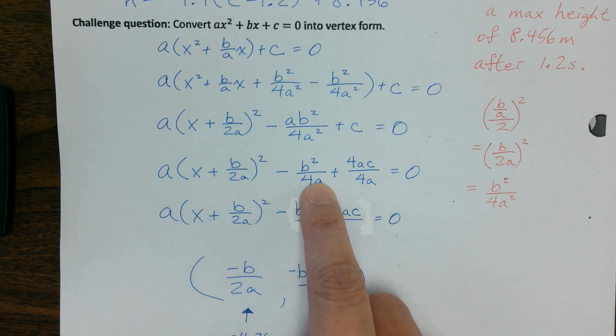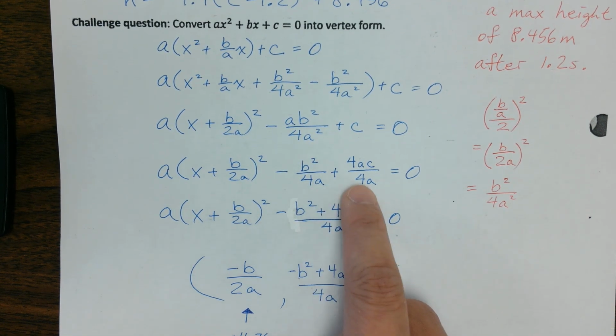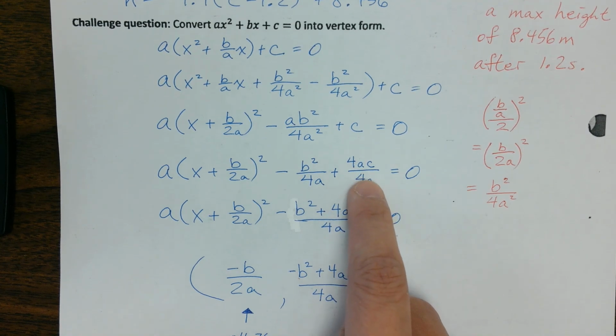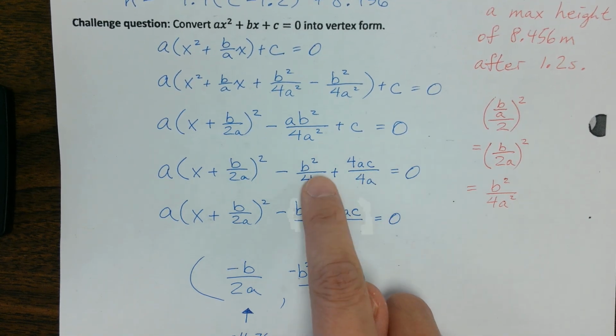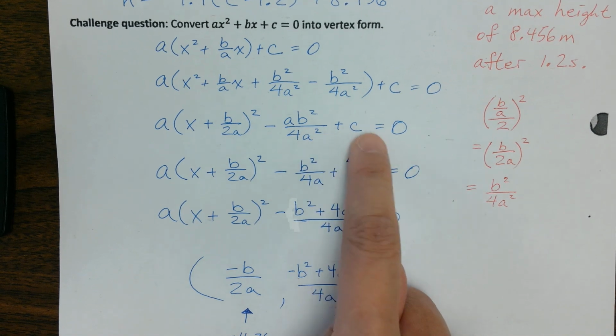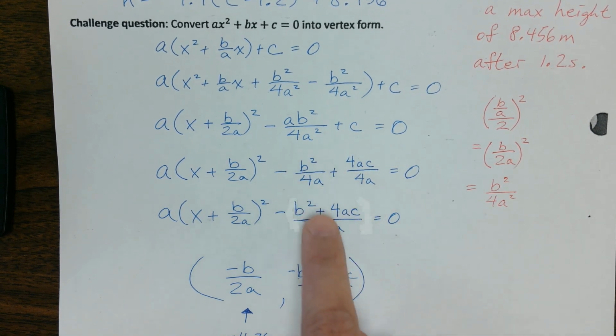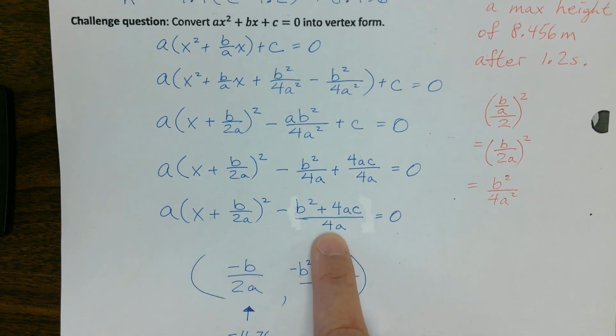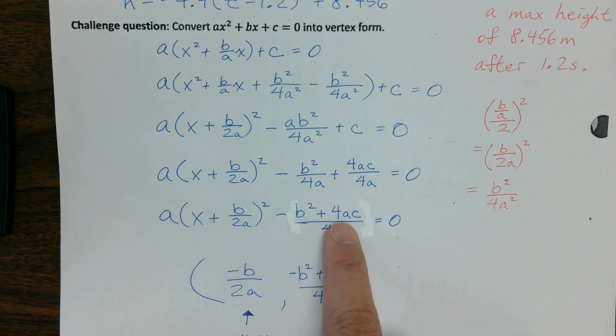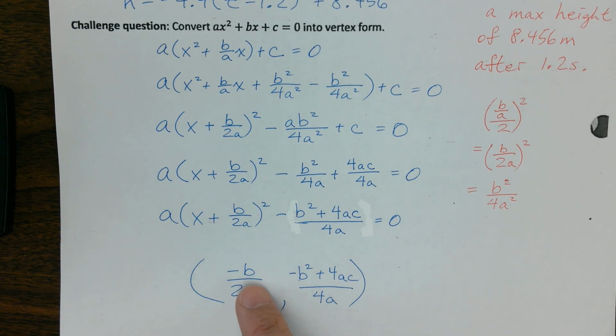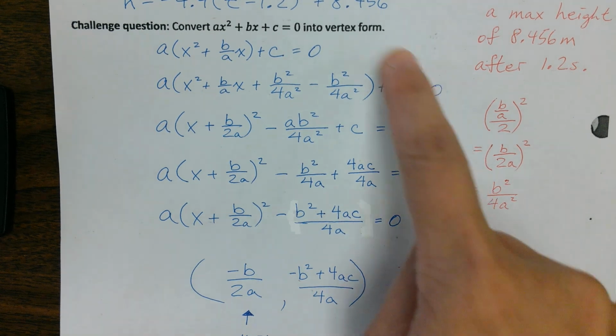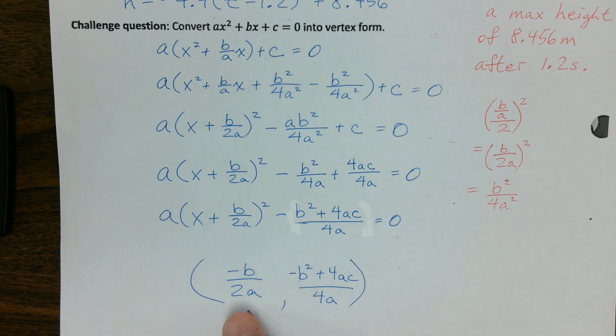I'm left with negative b squared over 4a plus 4ac over 4a to get the lowest common denominator between these two terms. Simplify it, I get this. So if I write out my vertex, it's negative b over 2a, comma, negative b squared plus 4ac over 4a.